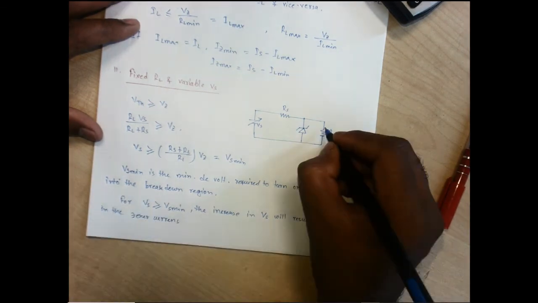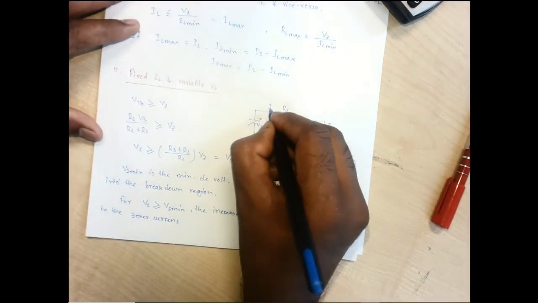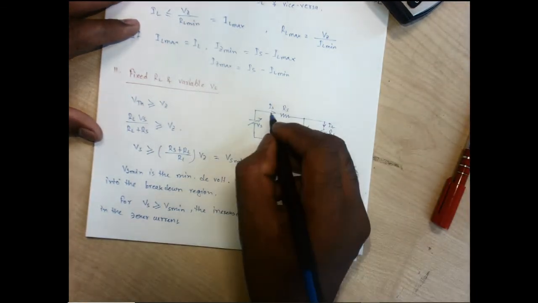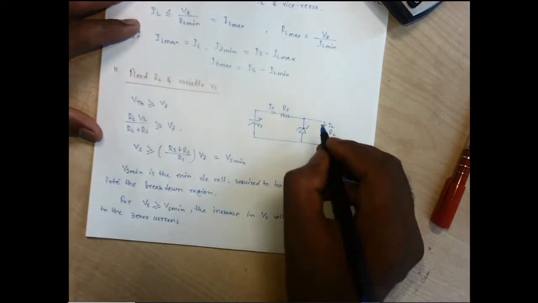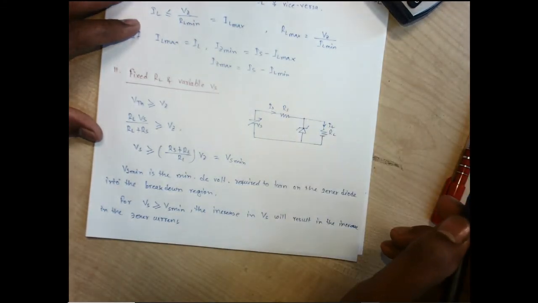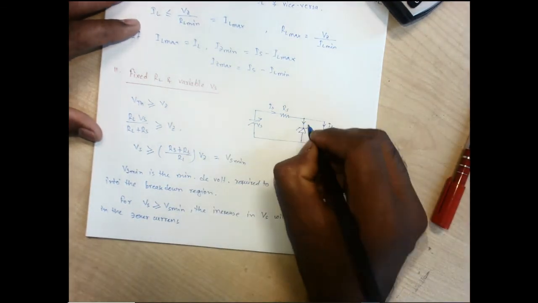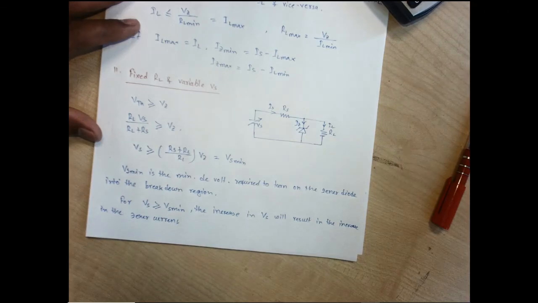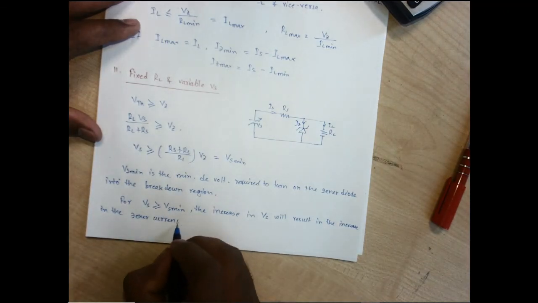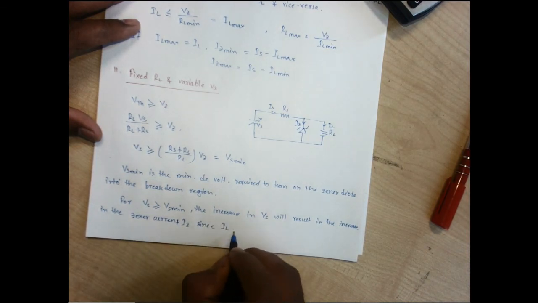Why? Because this load current is fixed, this Is is changing. So Vs increase means Is increase. This IL will be fixed, but Iz will now increase, because the extra amount of current will obviously flow through this Zener diode. It will increase the Zener current Iz since IL is constant.